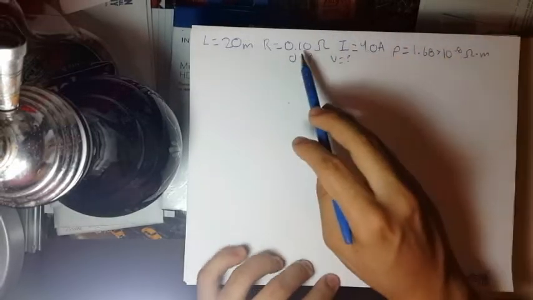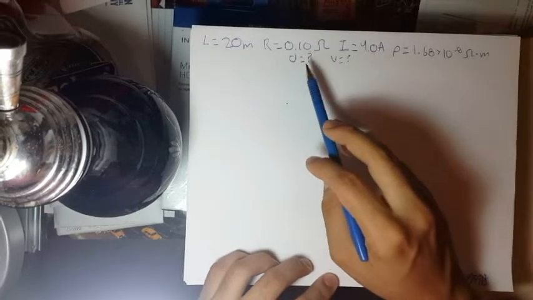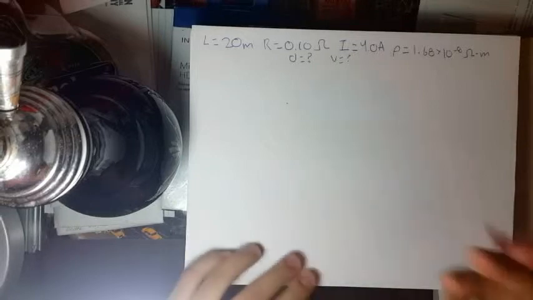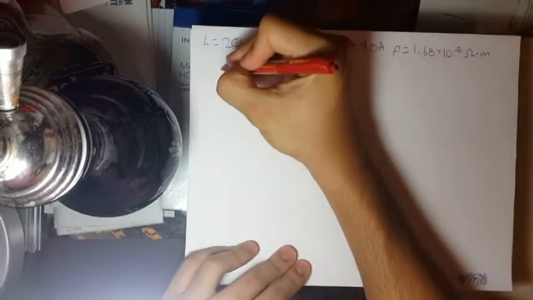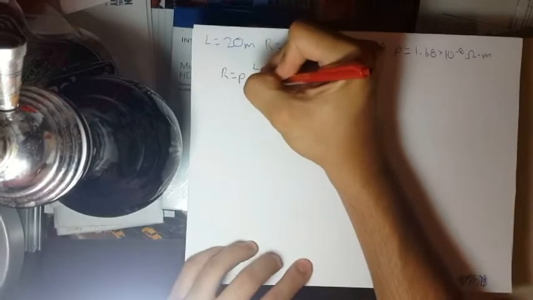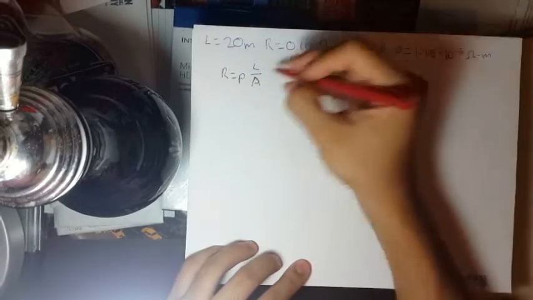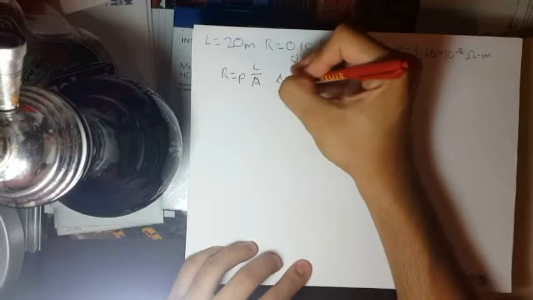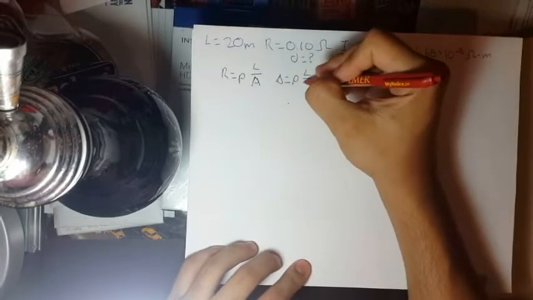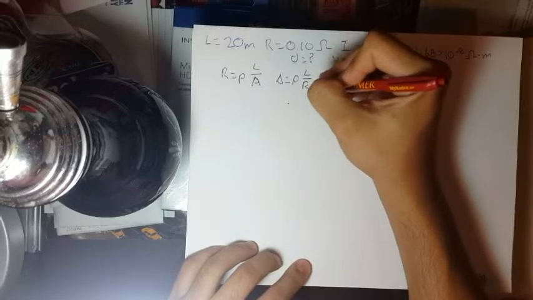They want us to find first in part A the diameter of the cross-sectional wire. In order to find that, we're going to have to use the equation: resistance equals resistivity times L over A. And solving for area, we get that area equals resistivity times length over R.